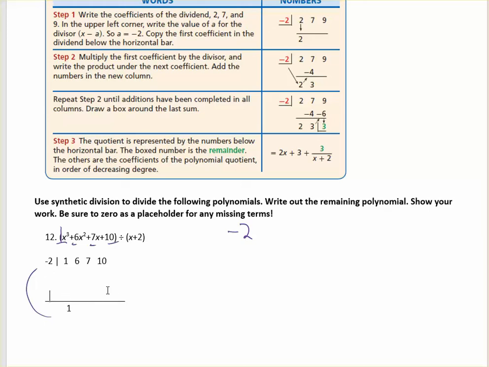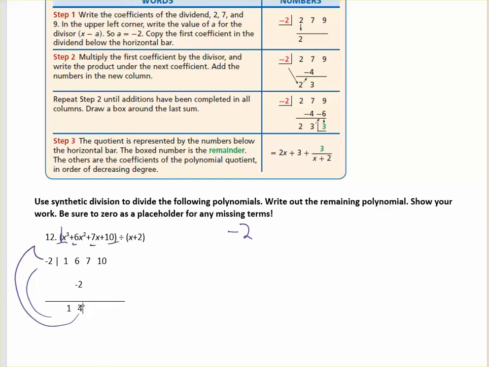Then you add together 6 plus negative 2, or you combine 6 minus 2, and we get 4. So after the 1 I'll put the 4, a couple spaces. I'm trying to line that up so you can see that 6 minus 2 is 4. Then we multiply back.